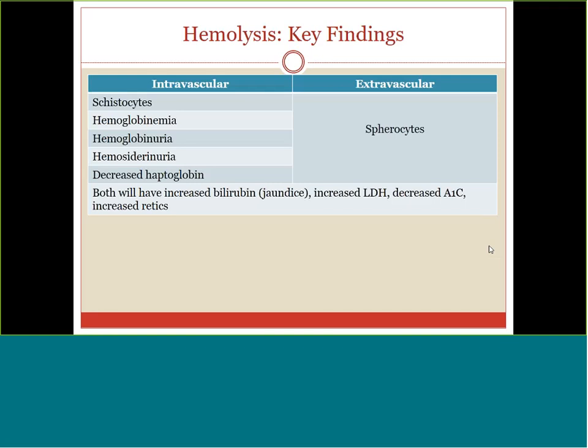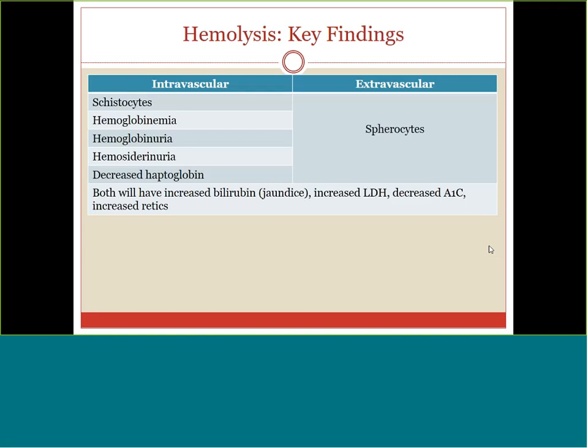Hemoglobinuria means hemoglobin in the urine, and that's because upon hemolysis, that hemoglobin that comes out and is floating freely gets filtered through the kidneys and passes into the urine. Hemosiderinuria, hemosiderin again is a type of iron that can also go into the urine upon hemolysis.